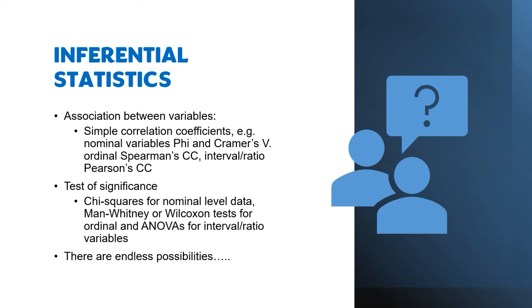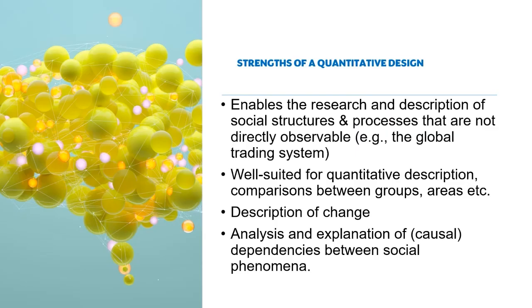Discuss this with a supervisor if you're unfamiliar with these statistics, and ask them to put you into contact with a statistician that can help you understand how to test your work. Tests of significance can be run. There are logistic analyses that we can do. There are endless possibilities if you've got good quantitative data.